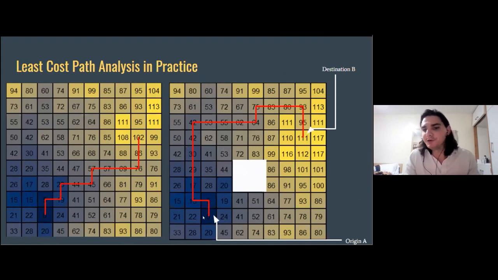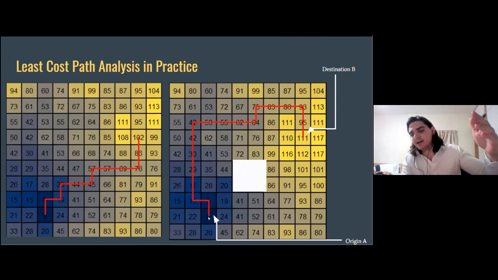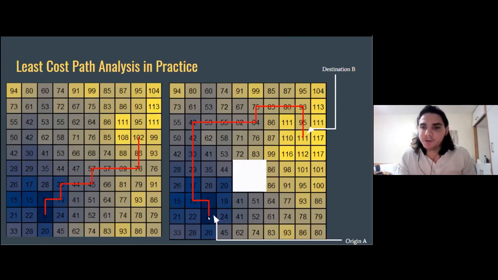But what I do, for example, is take the difference between gradients from this cell to the northern cell, to the eastern cell, to the southern cell, to the western cell, and then the least cost path analysis method will decide whether the path should go north or whatever, and then it moves on to the next one and does the same process. So it takes into account all of the directions within the model that you include. Hopefully that answered your question.